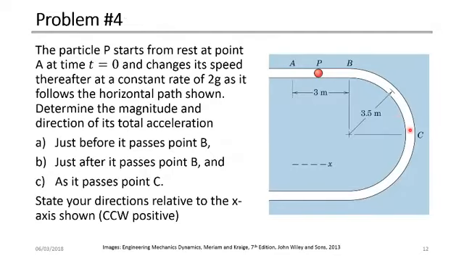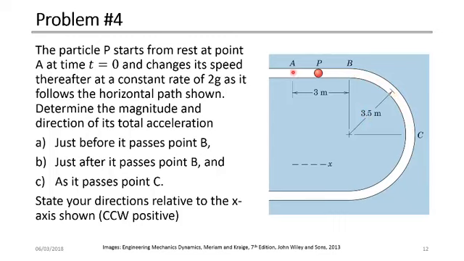So the distance between C and A is the length of this part of the curve plus this distance. So it's 3 meters plus a quarter of a circle. So it's r theta, where theta in radians is pi divided by 2, and r is 3.5.